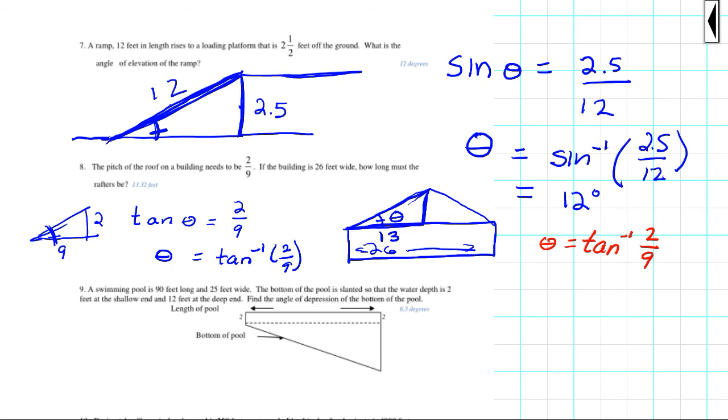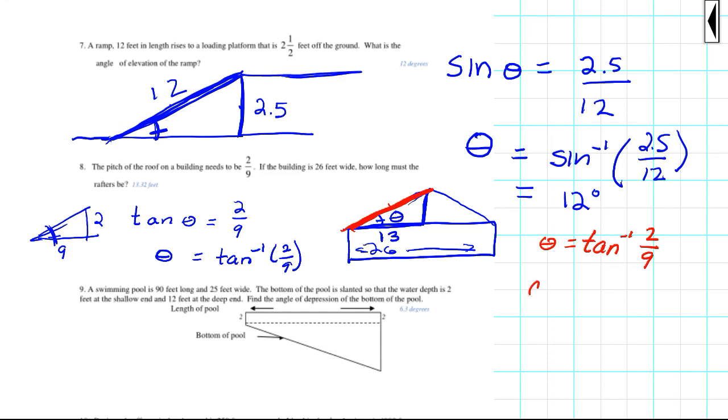So in order to find the rafter, which is the hypotenuse, we need to find the hypotenuse. We know the adjacent. That means we're going to need the cosine formula.